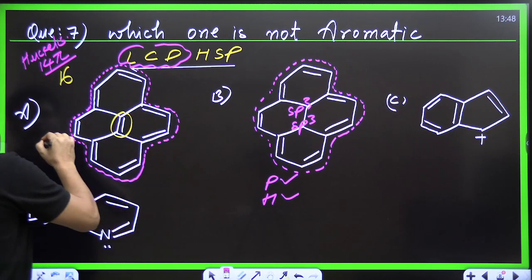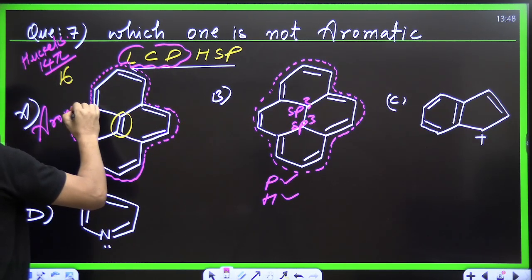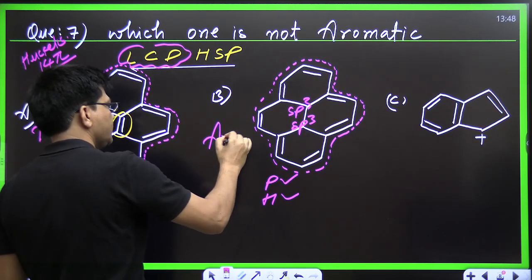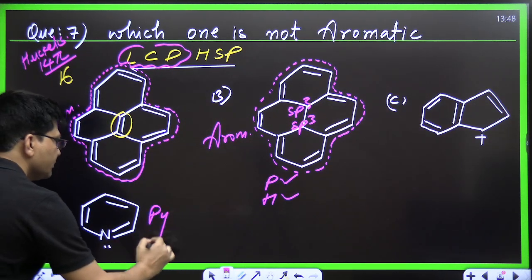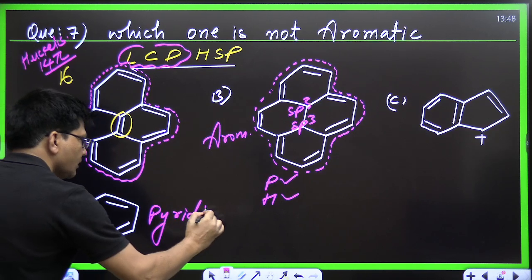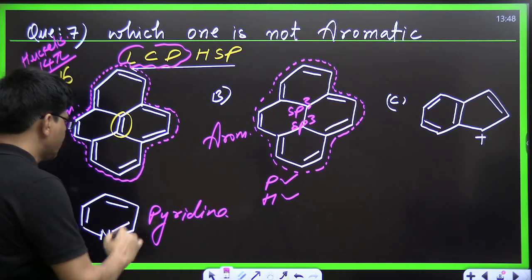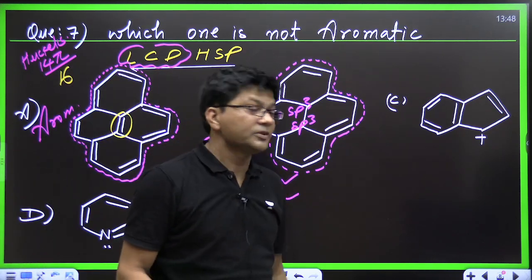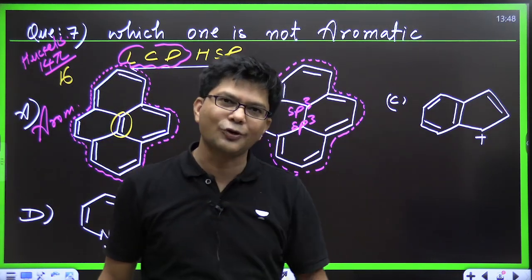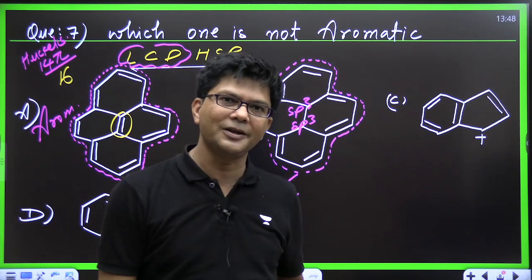Both of them are aromatic. This is aromatic. This is also aromatic. And this is pyridine, you know very well. This is aromatic. Now, this is also aromatic. Only this is left, kids. Now you will say this is having benzene, so this is also aromatic. You will think like this only.